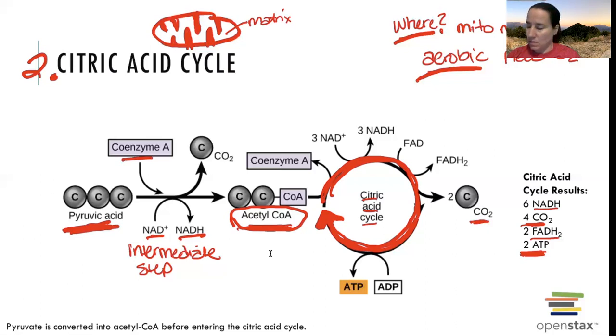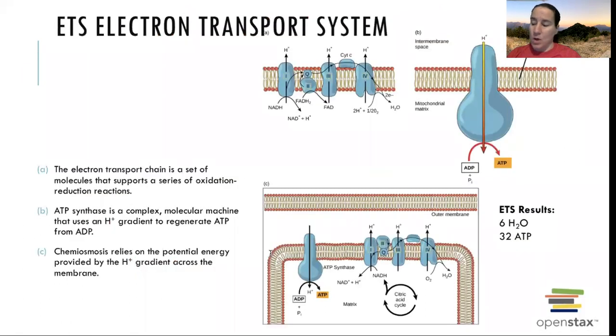So let's move on. We are now going to stay in the mitochondria. Mitochondria, got the mito, but we are moving from the matrix, the liquidy part, into the membrane. So this phospholipid bilayer right here, this is the membrane.